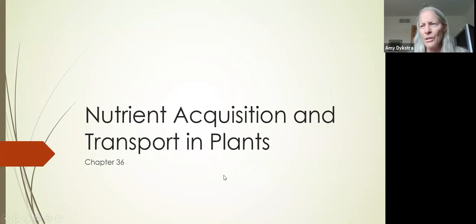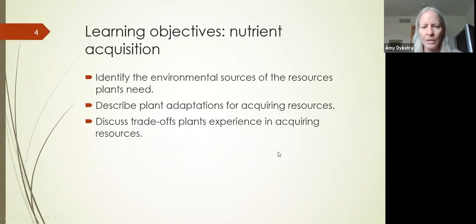All right, so the next thing we're going to move into this semester is nutrient acquisition and transport in plants. Now that we know that plants make their own food, we want to talk about how the food is transported once they make it and how they get what they need from the environment.